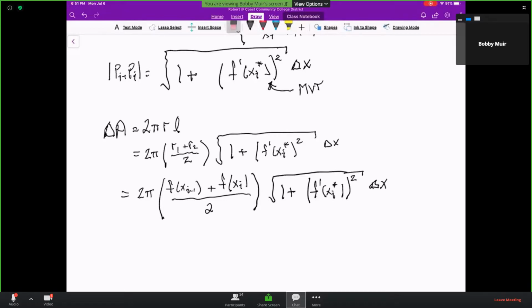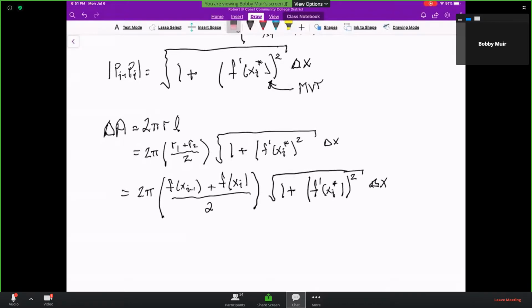And that's a crappy looking triangle. Delta x.